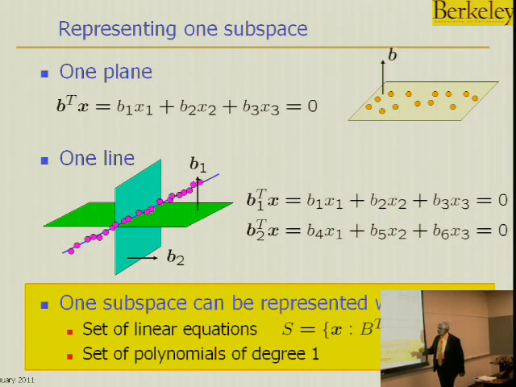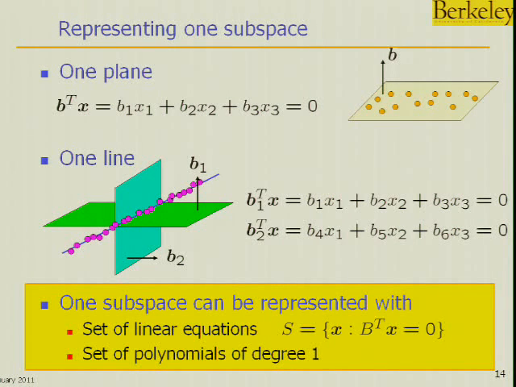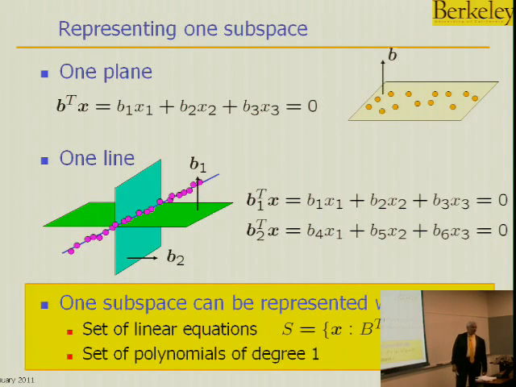Now in R2, how do you represent a line? One way to represent a line is by writing it as the intersection of 2 subspaces. I've written it as the intersection of 2 orthogonal subspaces, though subspaces need not be orthogonal. But let's stick to orthogonal subspaces.